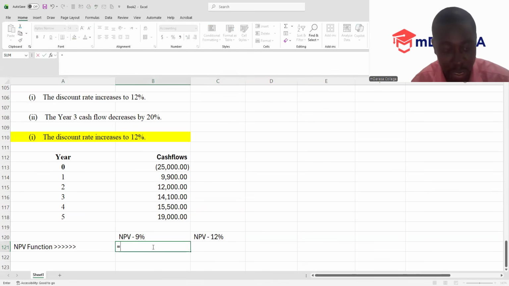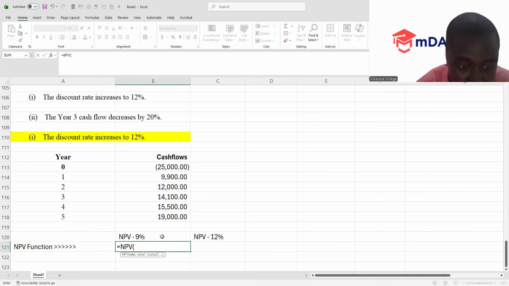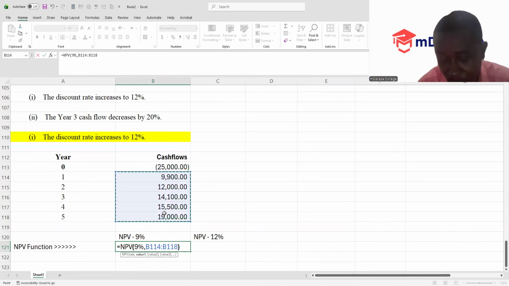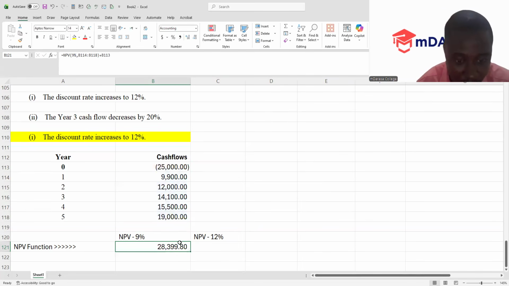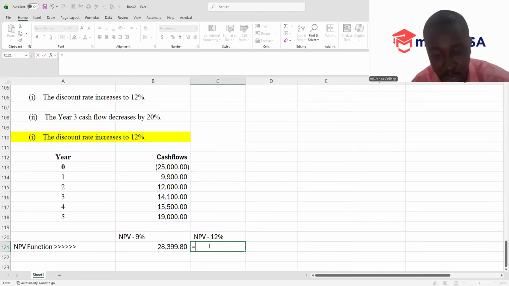So this will tell us that we do have equal sign NPV tab. What is our rate? 9%, comma, our values excluding initial cost. We take our values, then we less our initial cost. So this will be our NPV at 9%. The same procedure will apply when you're looking at NPV at the rate of 12%.